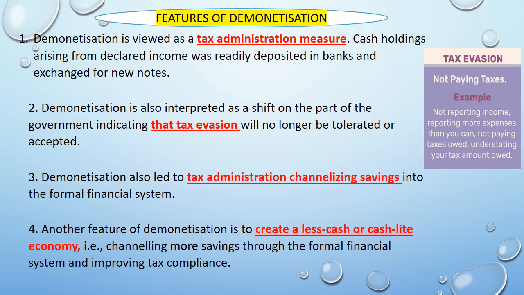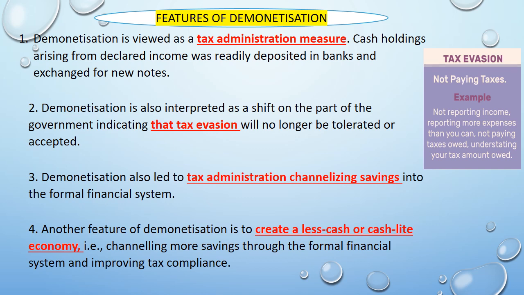People who were not reporting income, not telling their right income amount, started going ahead and declaring the amount of income they were actually earning. All this was tolerated before by the government, but after demonetization it could not be done by business people. Then it also led to tax administration and channelizing savings.